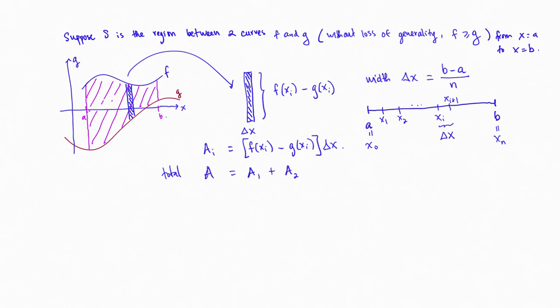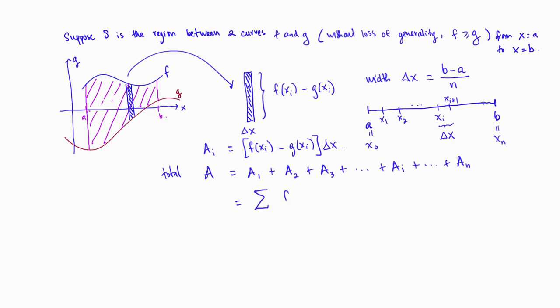The total area is estimated by adding the areas of the n rectangles. The total area A equals A sub 1 plus A sub 2 plus A sub 3 plus and so on, plus A sub i, all the way to A sub n. Each rectangular strip has the same representation, f of x sub i minus g of x sub i, which is the upper minus the lower, as the height times the width, which is delta x.